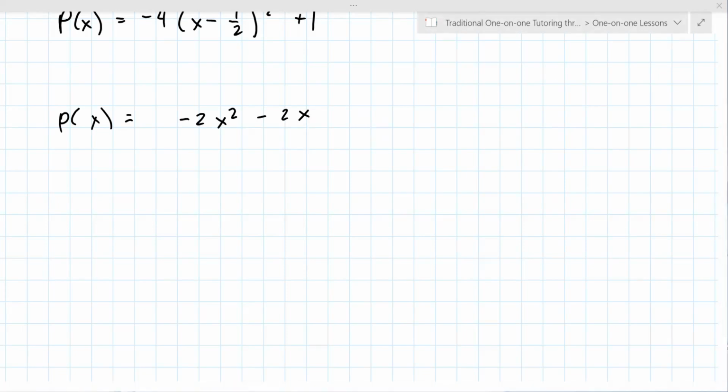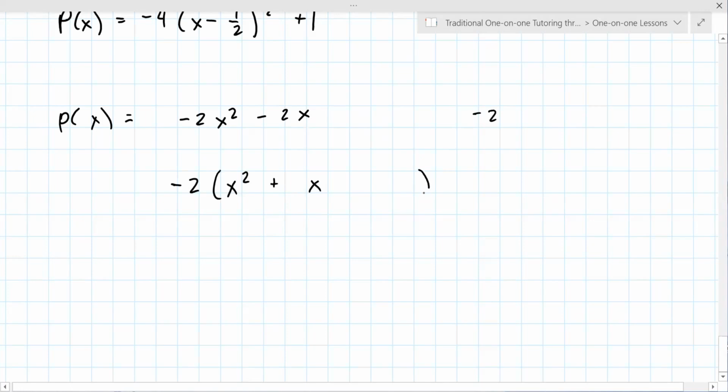Is it 2 times (x + 1/2) squared plus 1/2? Should be a negative at some point here. Yeah, I did not see that. So let me go ahead and do a few things here. Let me get rid of this. So I leave a space here and a space here and a space here.